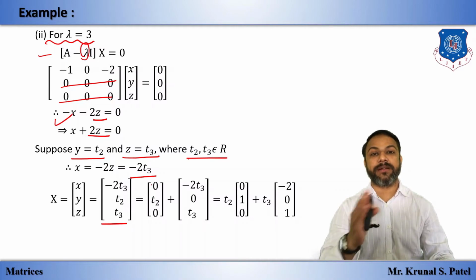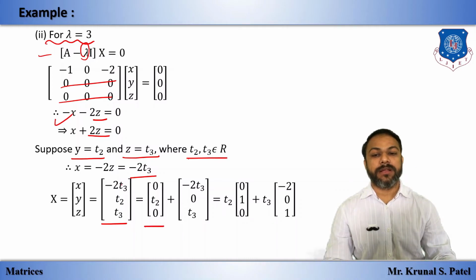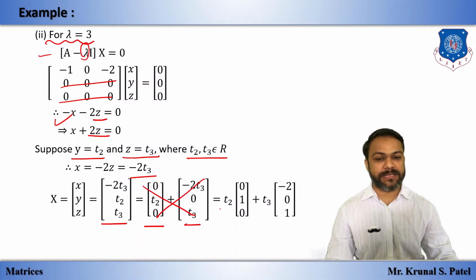Now we are going to separate the t2 and t3 parameters. So here 0, t2, 0 is this one, and t3 term is this. If you don't write this, you can write directly this. If we take t2 outside, there is no t2 in x, so 0, the coefficient of t2 is 1, and this is 0.